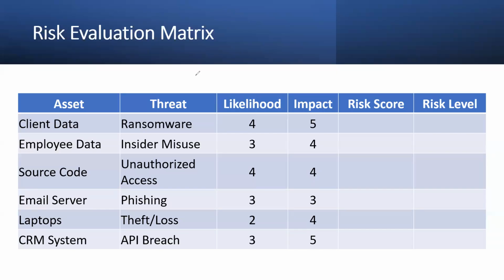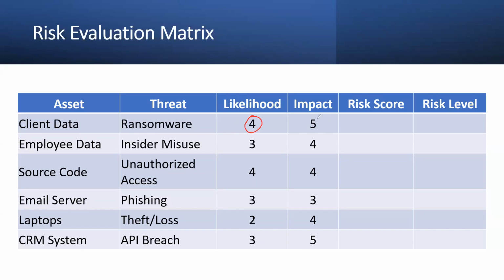So the asset is client data. The threat is ransomware. We have very high chances of a ransomware attack being performed, so we have kept the likelihood as 4. You're perceiving that there is a high chance of a ransomware attack, given the vulnerability, lack of endpoint protection.